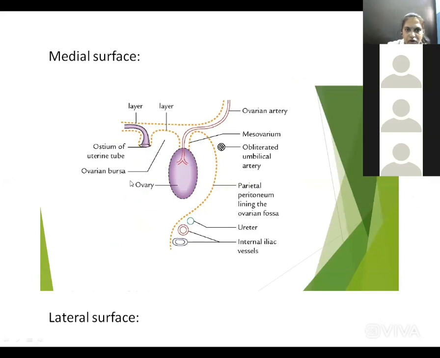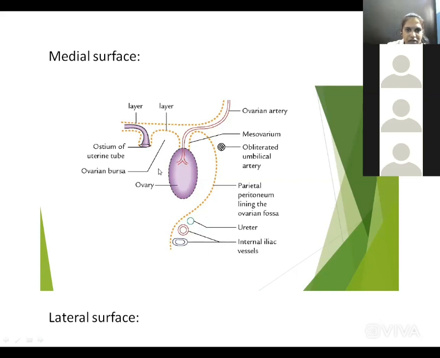Part of the uterine tube will be related because it is a highly coiled structure. So it will be related with the upper pole, medial surface and anterior border. It will not be related with the lateral wall because it is attached to the lateral pelvic wall, and the posterior border is also not related.